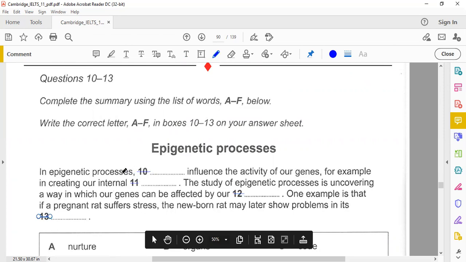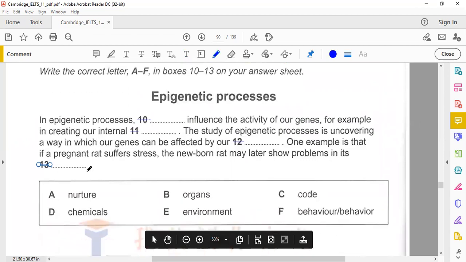The words are given, A, B, C, D, so many words, and what you need to write is the letter A, B, C, D in the spaces. But I will write the words for your help.